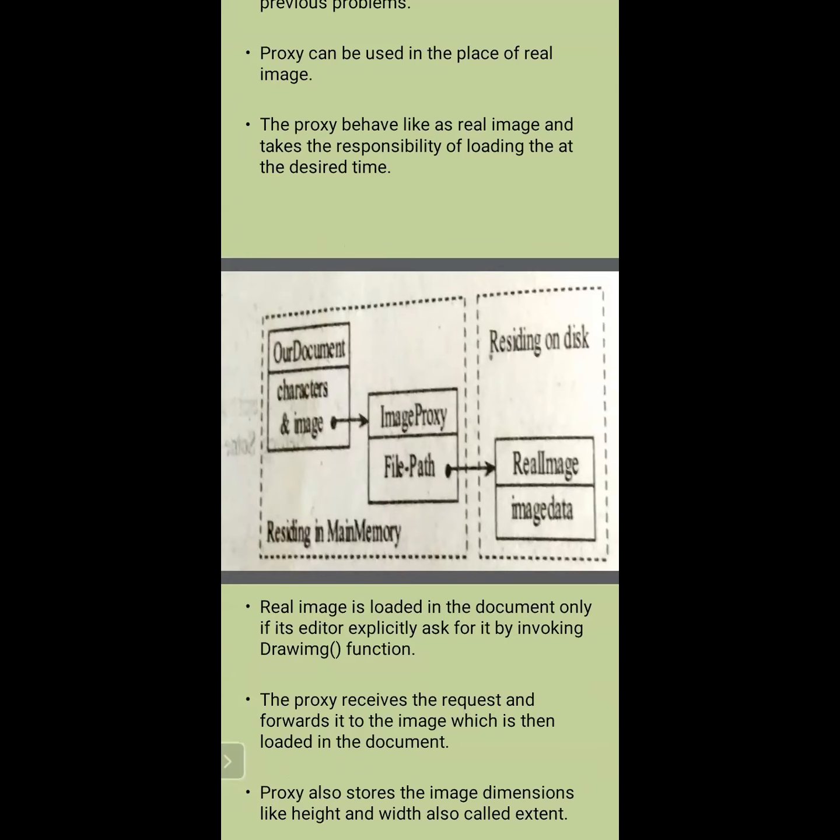Then we load that required image into main memory from the disk. So we load only what is required at that particular time. In this way it reduces the memory, and at the same time, it reduces the cost.